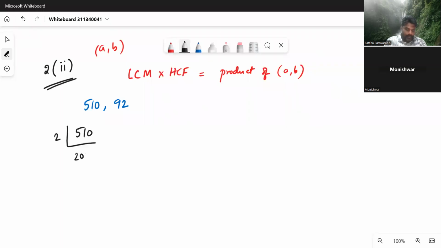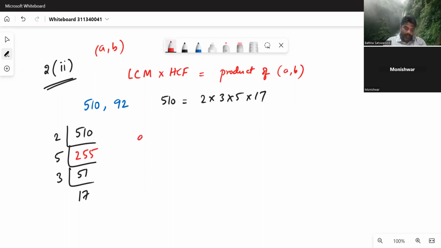So 510, 2 into 255, right? 255 is 5 into 51, right? 3 17s are 51. So 510 I can write as 2 into 3 into 5 into 17.